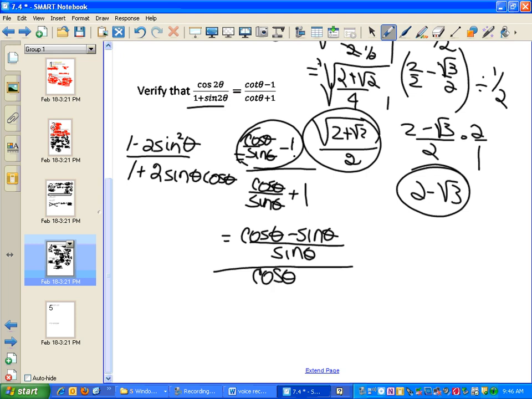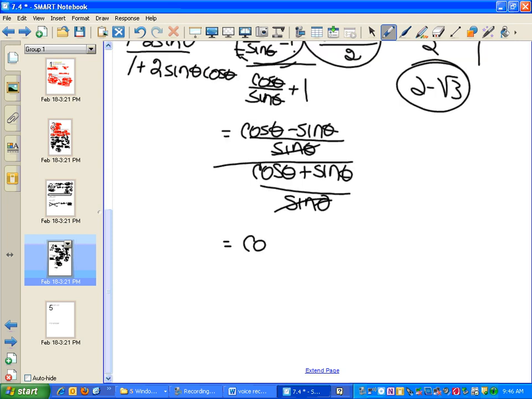Cosine theta. I'm getting a common denominator up here, Danielle. And this is going to be over what? Now, what's going to cancel in this case? Okay, so what I really have is cosine theta minus sine theta over cosine theta plus sine theta.